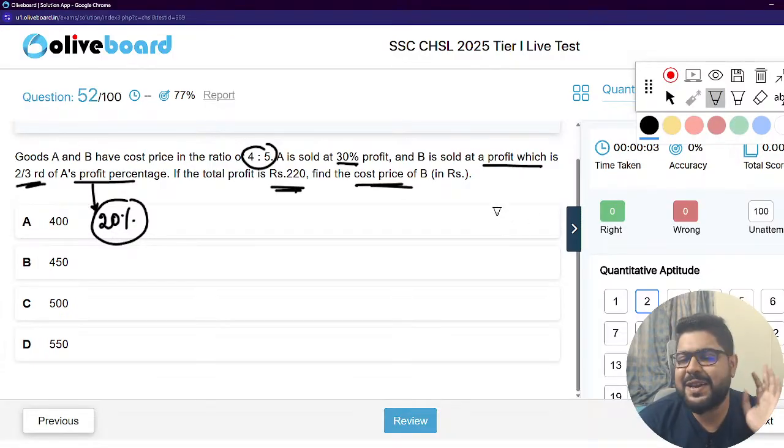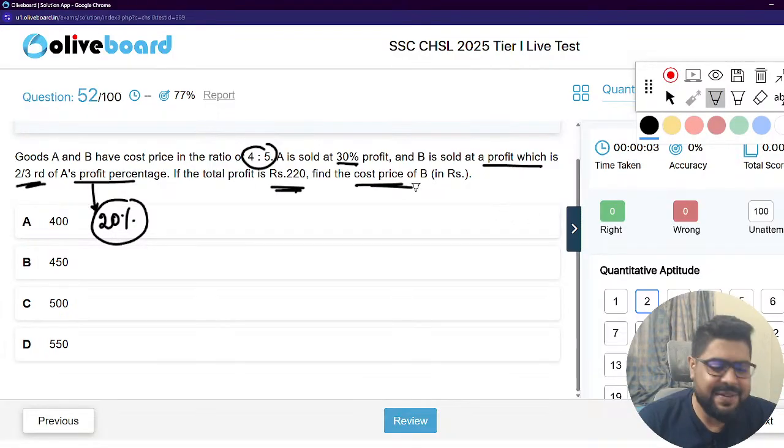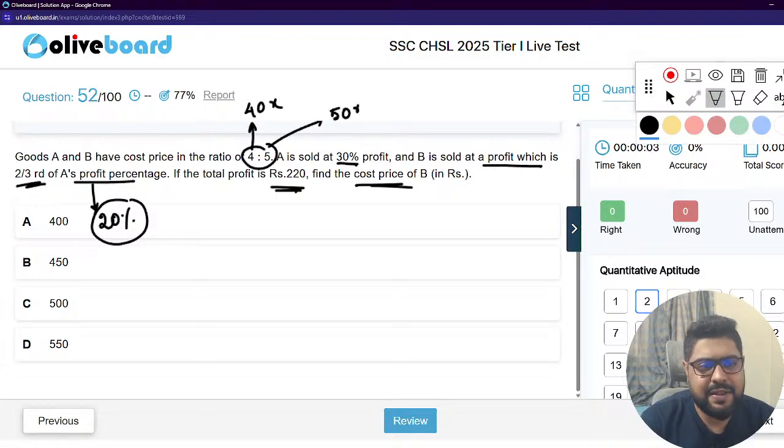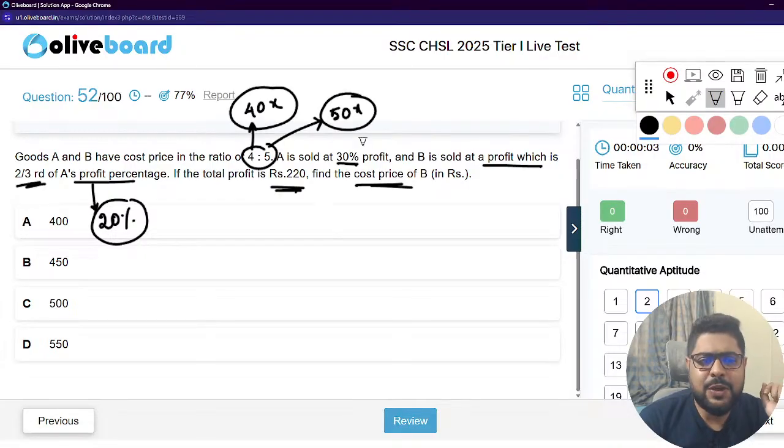It's very simple. You can do it by allegation, or in multiple methods. Let's say the cost prices are 40x and 50x. A is sold at 30%, so profit will be 4 times 3, that is 12x rupees.